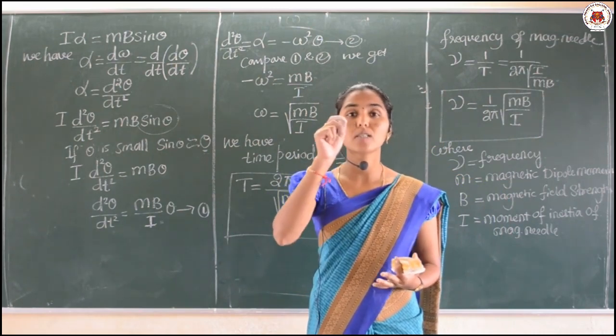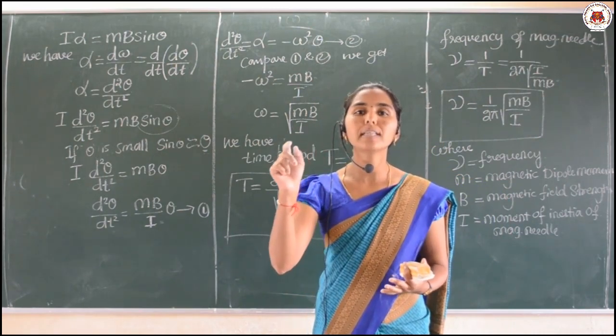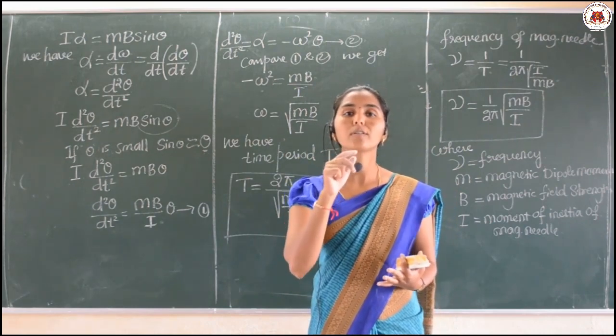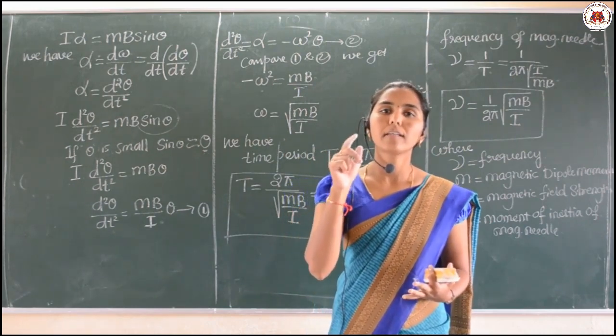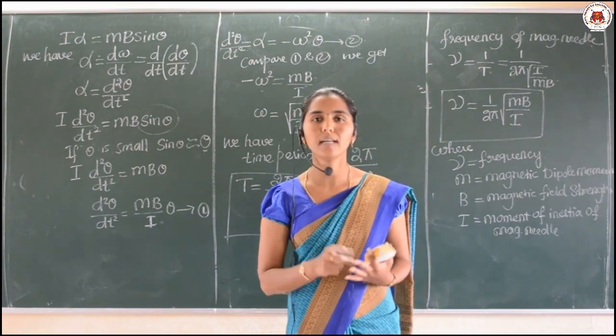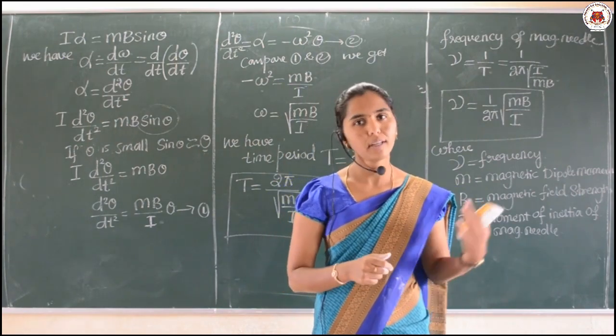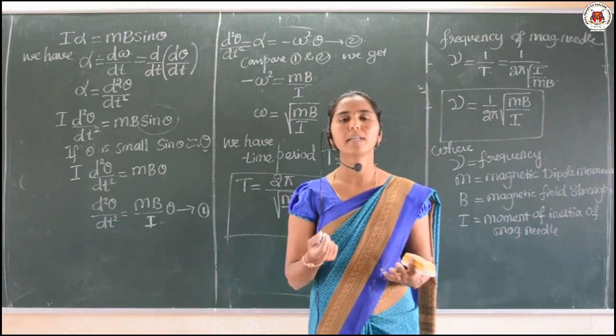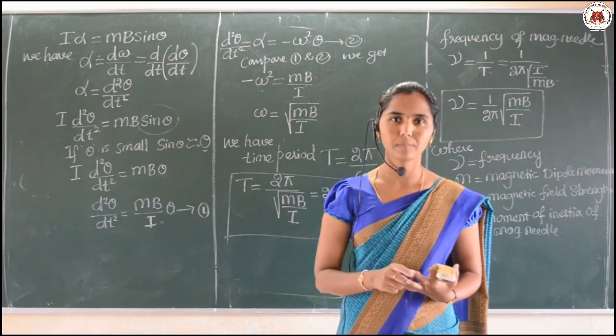That is tau is equal to MB sin theta, the magnitude form, and tau is equal to vector M cross B, that is the vector form of the torque, right. Torque, the SI unit already you know, that is Newton meter. Clear?